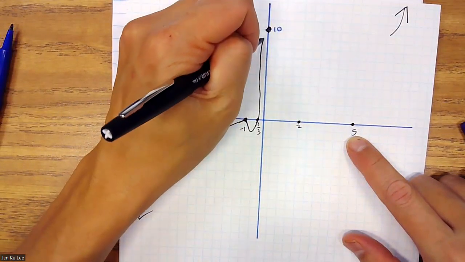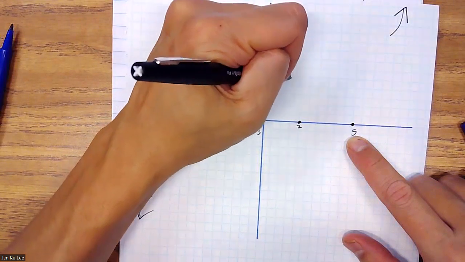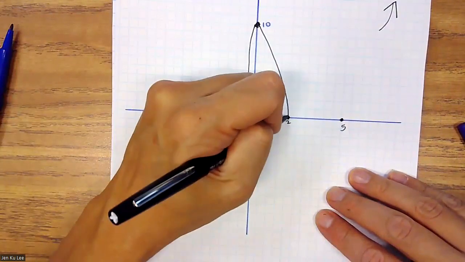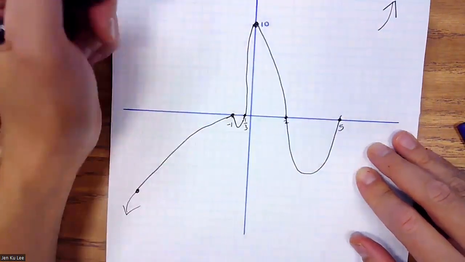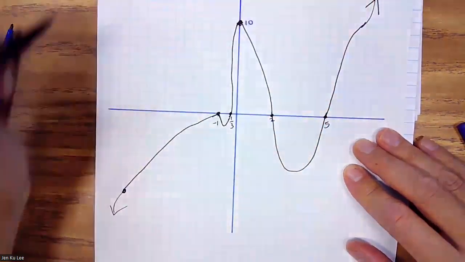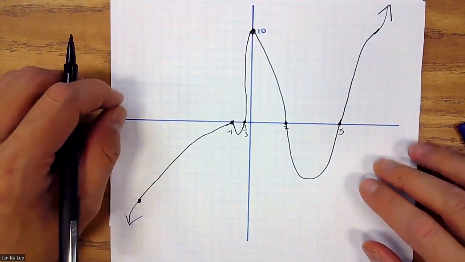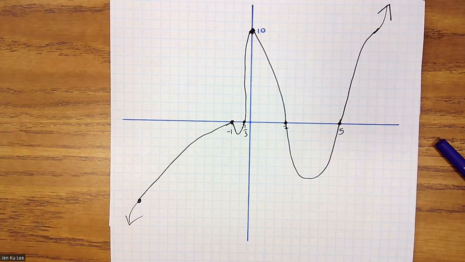I'm going to come up all the way to 10, go through that, but I eventually want to come back down to 2. Go through that. Go to 5, come back up through 5, go through that to my end behavior. Okay? That's how you would graph it. All right, and that's the lesson for today. Hopefully that made sense.